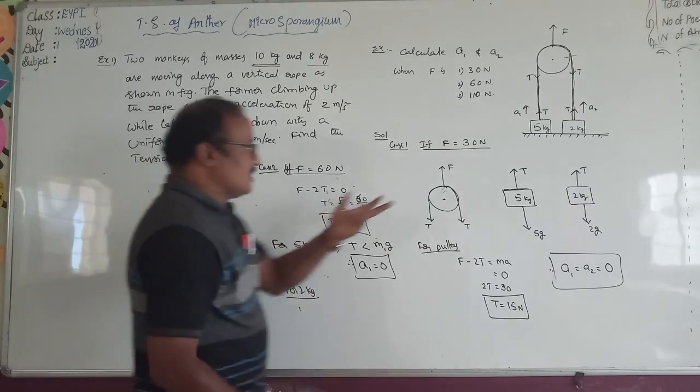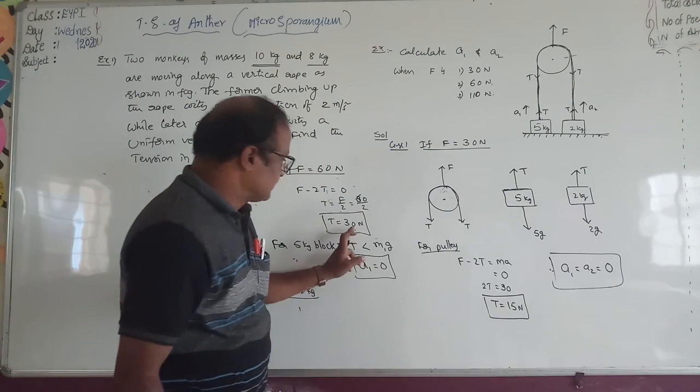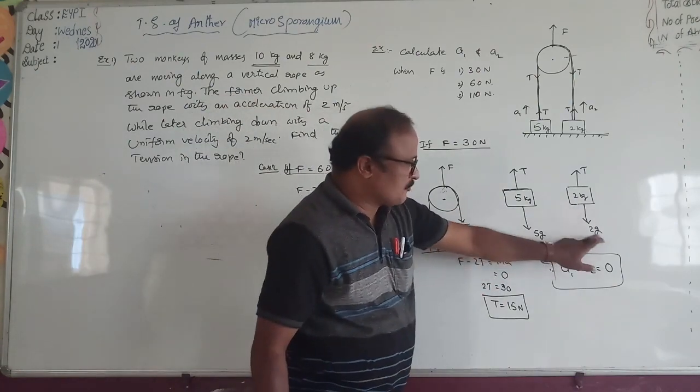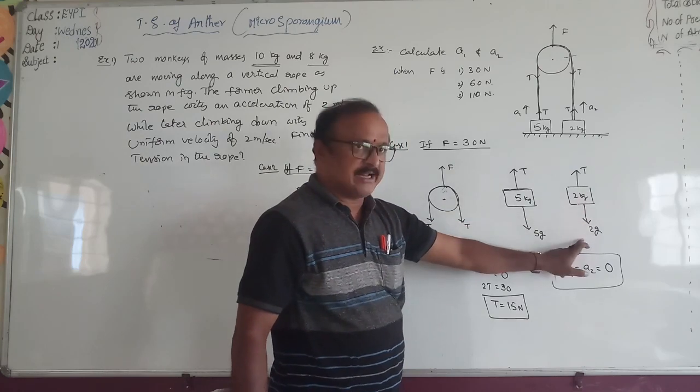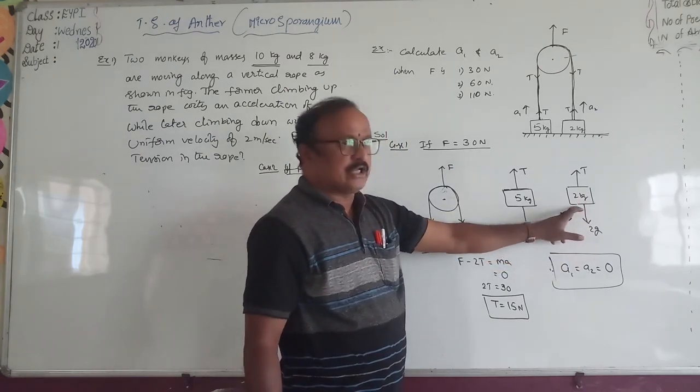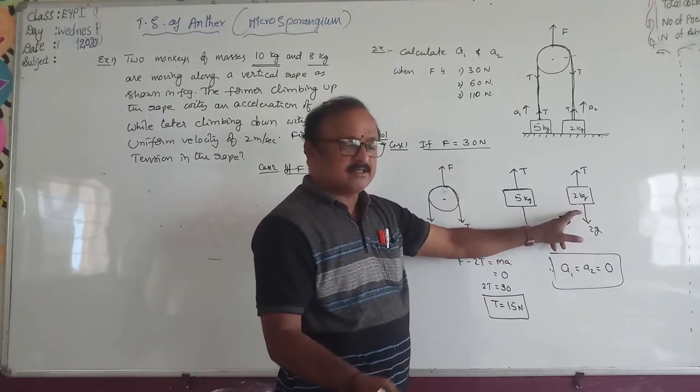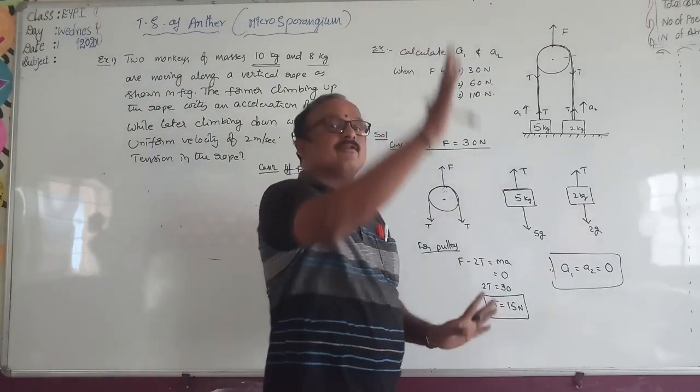Next again, for the 2 kg block, the upward force is 30 and the downward gravitational pull is 20. That's why the 2 kilogram block can easily be lifted from the floor.